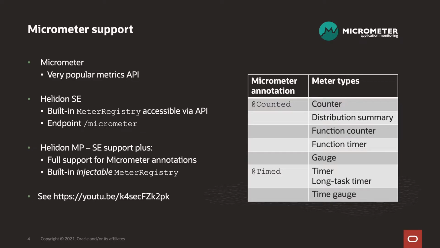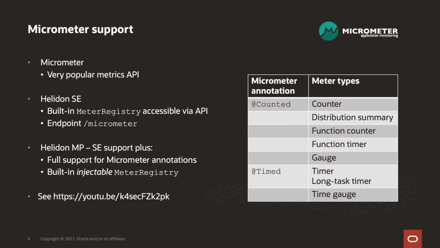Micrometer is a very popular metrics API, and Helidon provides Micrometer support in both SE and MP. In SE, we provide a built-in meter registry, which your application can get access to using an API, and we provide a built-in endpoint for retrieving Micrometer metrics using /micrometer.